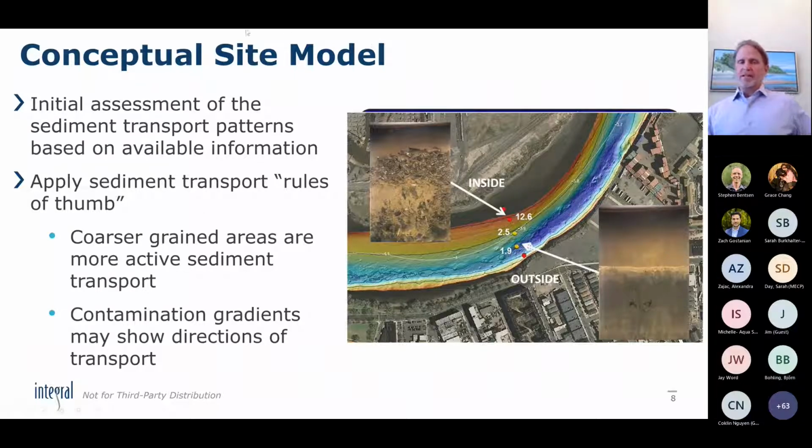One quick example is here. I'm going to talk a lot more about sediment profile imagery in a bit, but here is some sediment profile imagery in that same bend in the Passaic River. So we talked about that inside bend, lower energy. Well, here's a picture of what the sediment looks like. It's a lot of leaf and fine silt all mixed up. And if you think about organic material like leaves, that is not heavy stuff that stays down in the sediment.